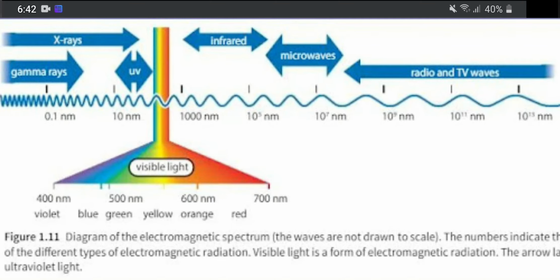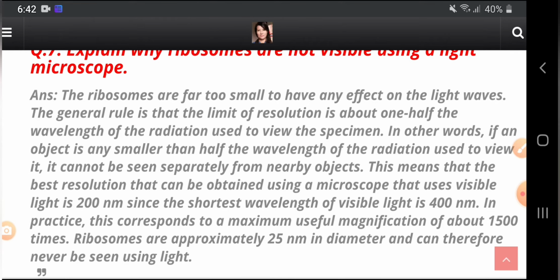This means that the best resolution that can be obtained using a microscope that uses visible light is 200 nanometers, since the shortest wavelength of visible light is 400 nanometers. In practice, the maximum useful magnification is about 1500 times.